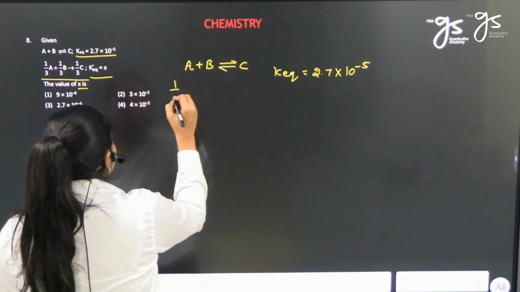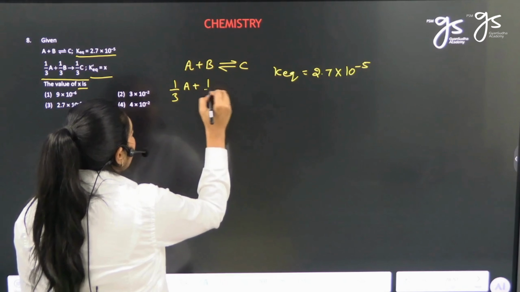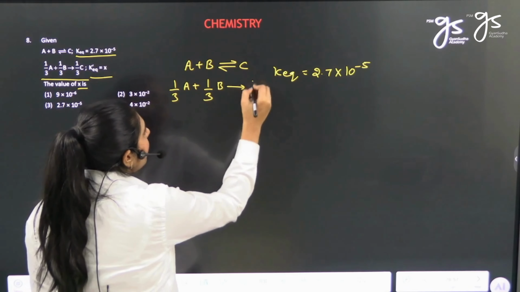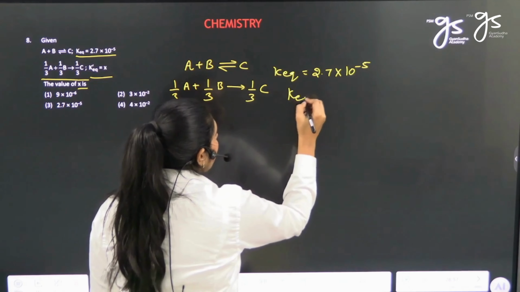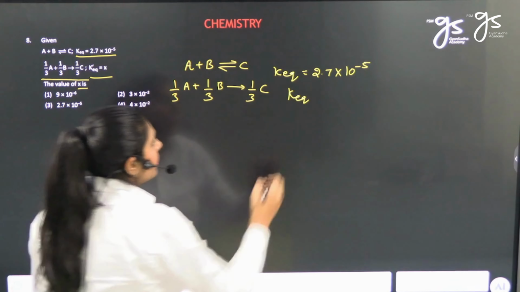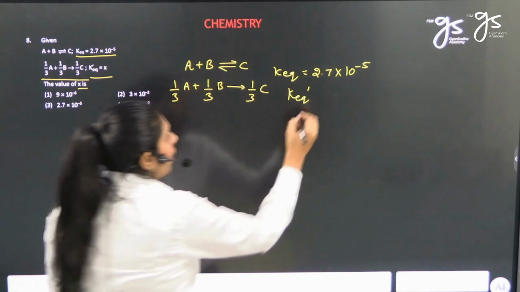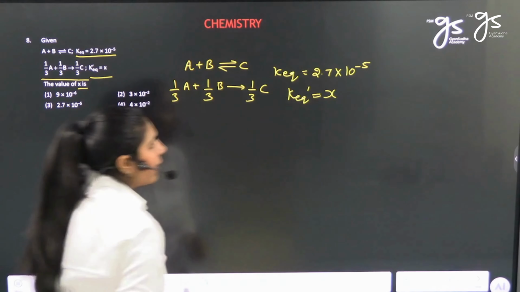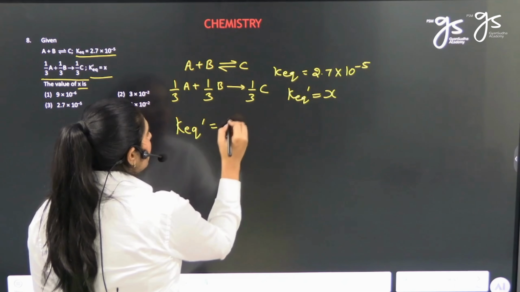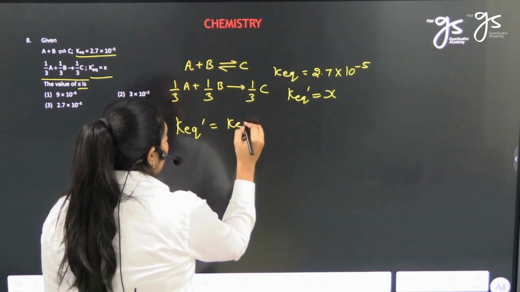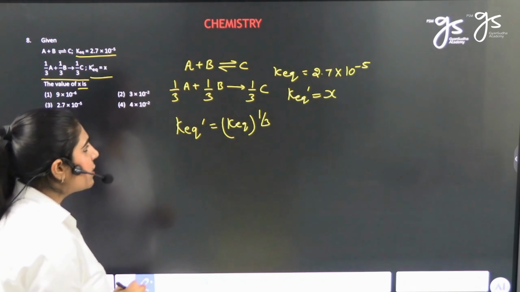For the other reaction, 1/3 moles of A plus 1/3 moles of B gives 1/3 moles of C, its equilibrium constant is K equilibrium dash. It is asking for the value of X.